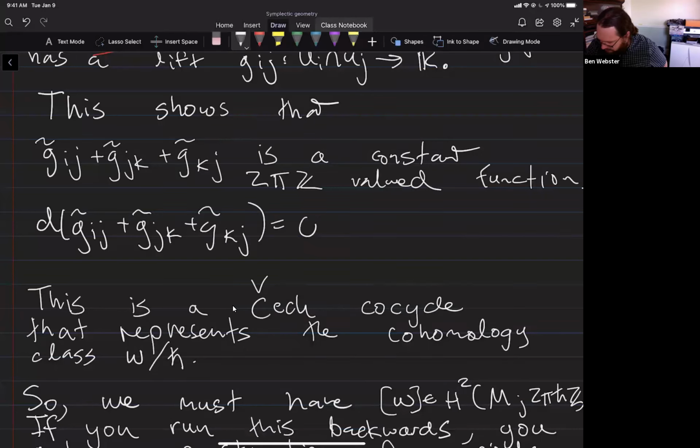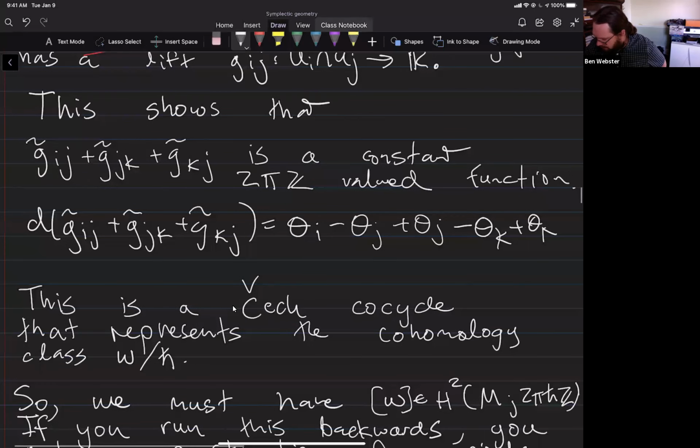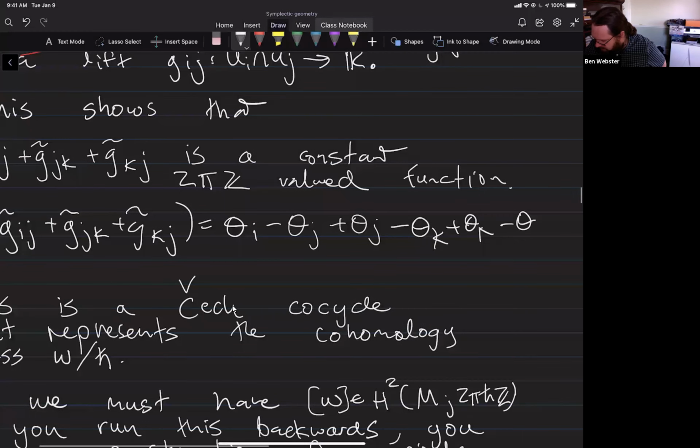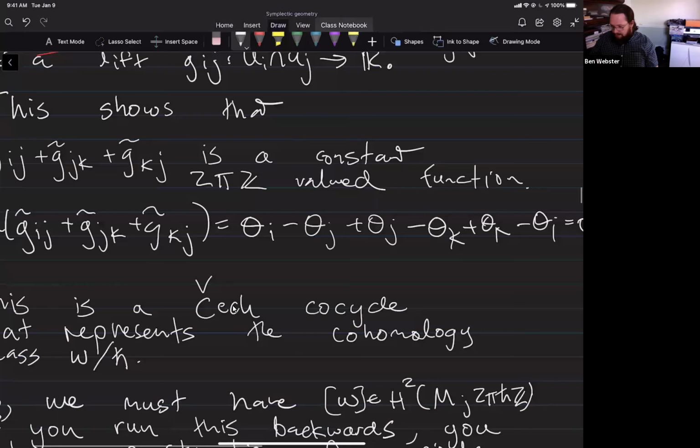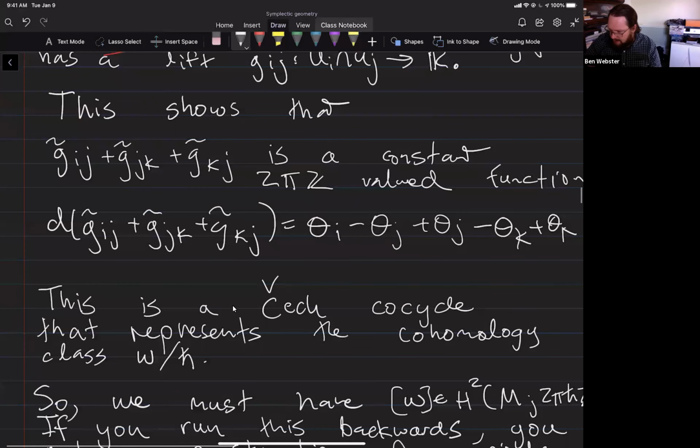It's theta_i minus theta_j plus theta_j minus theta_k plus theta_k minus theta_i. So it's 0, but it also induces a trivial gauge transformation. So it has to be constant, 2 pi Z valued.